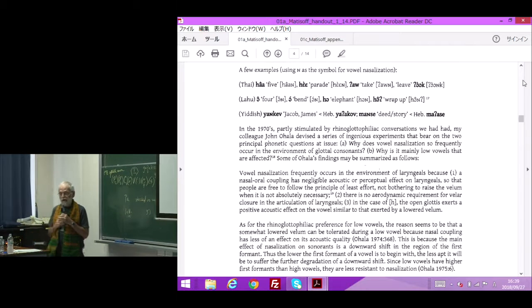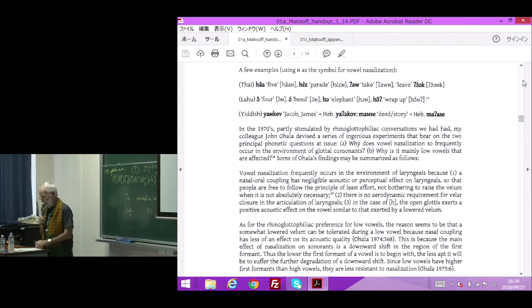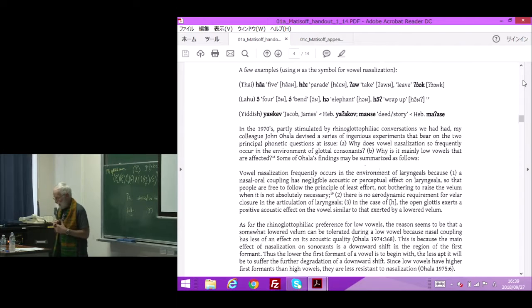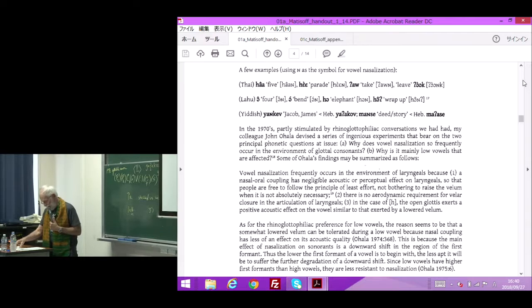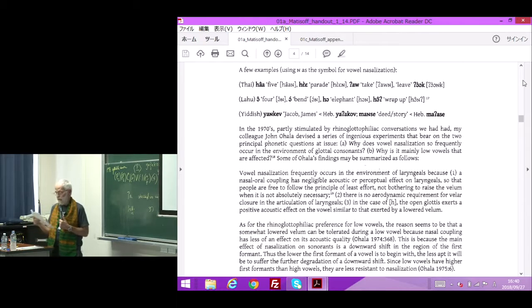My colleague John Ohala, who's a phonetician, and I have had many discussions about the connection between nasality and glottality over the years. And he has elaborate explanations based on both articulatory and aerodynamic factors. These are discussed on page 4. I'll just quickly read through this.